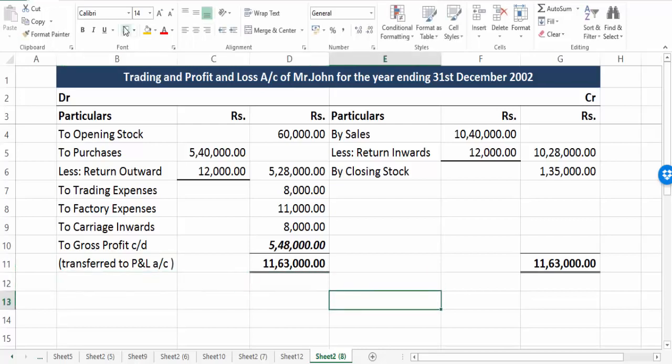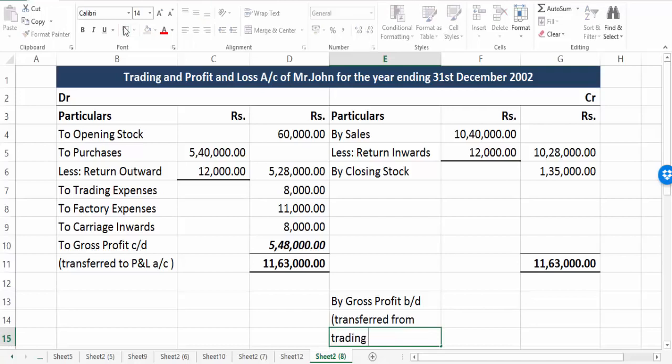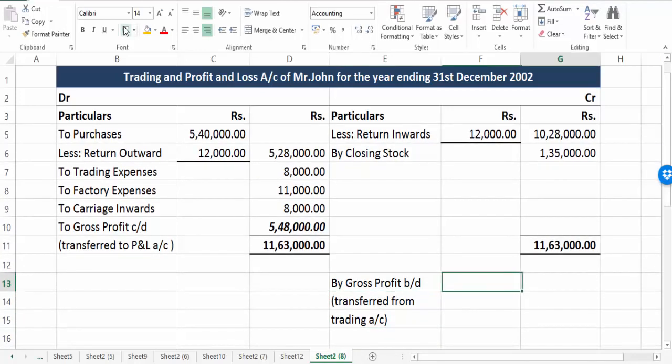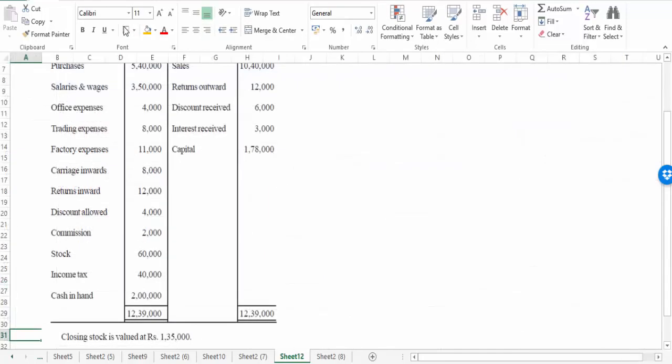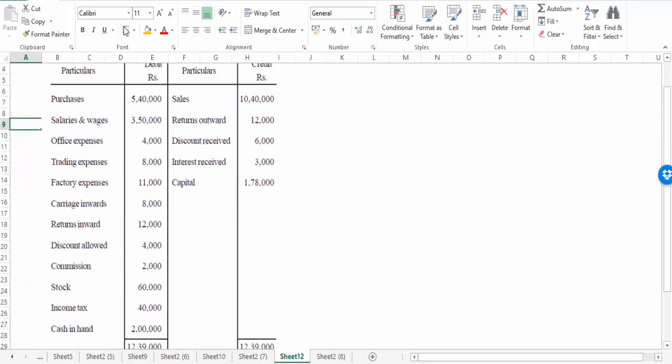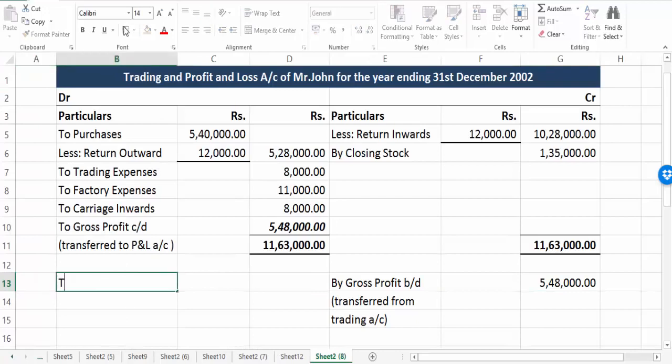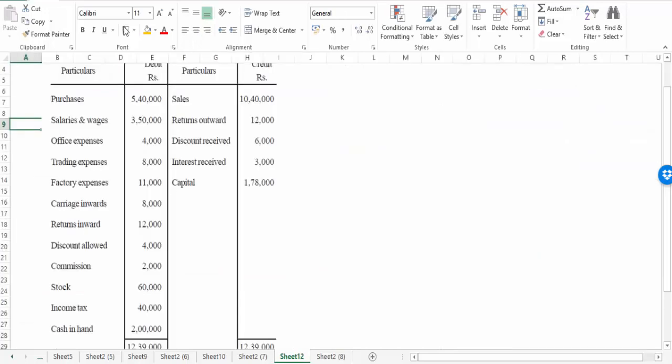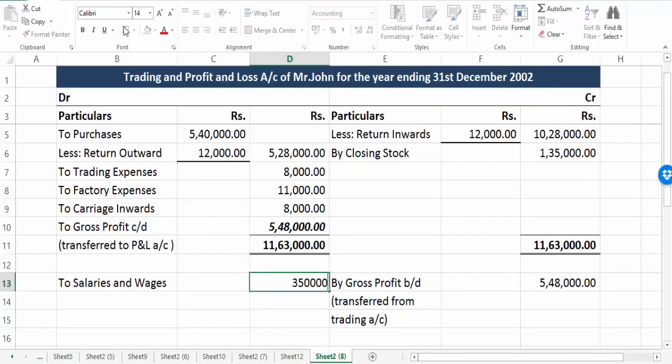So we'll go to profit and loss account. We'll say by gross profit, which is brought down, basically transferred from trading account, and what was the amount? It is 5,48,000. Then we'll try to capture all items related to profit and loss account. So here we have salaries and wages 3,50,000. Two salaries and wages, 3,50,000.